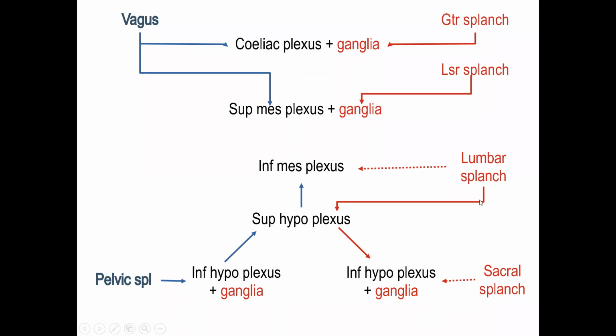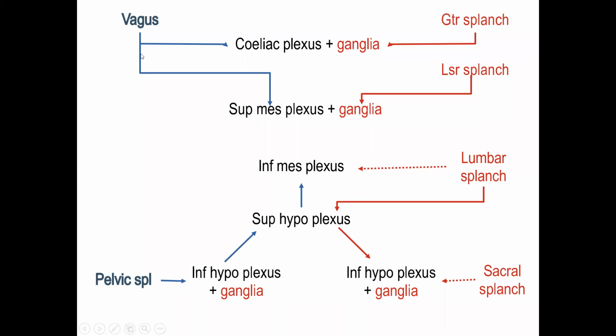Whereas there are some preganglionic branches through the superior hypogastric plexus to the inferior hypogastric plexus, which relay in the ganglia here and supply pelvic organs. Pelvic organs get sympathetic supply in addition from the sacral splanchnic nerves. Sacral splanchnic nerves have relayed in the sacral part of the sympathetic chain. So only the postganglionic fibers mingle with the inferior hypogastric plexus and supply the pelvic organs.